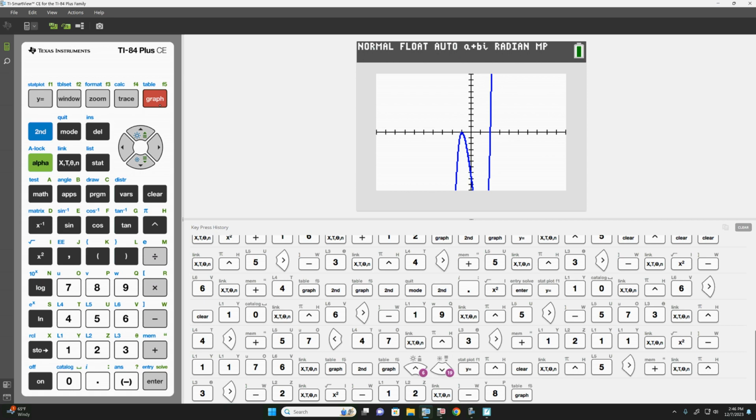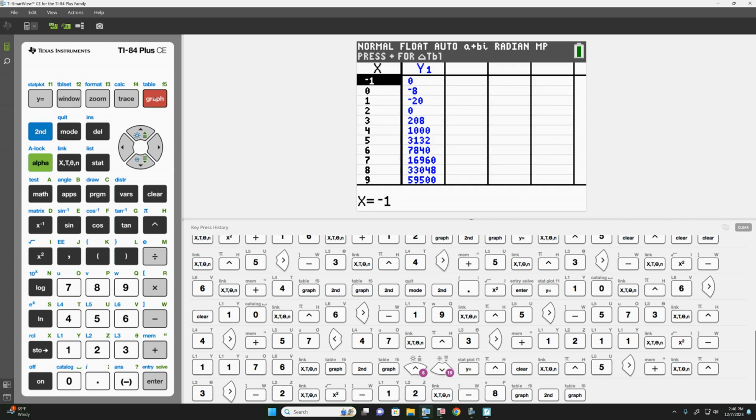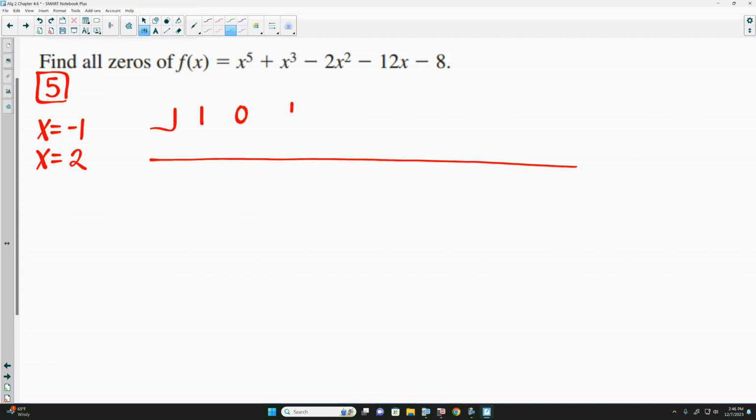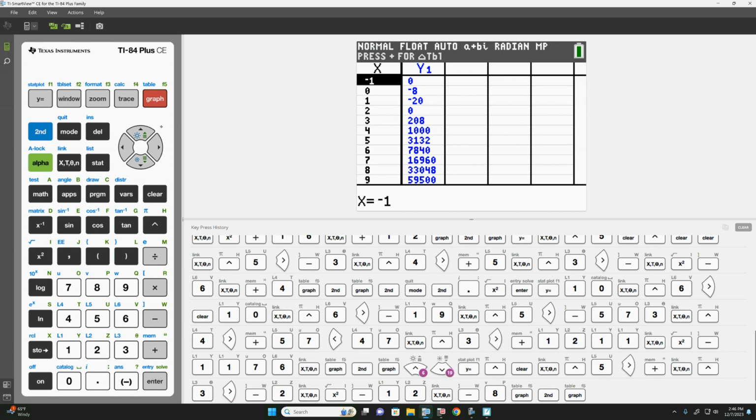We can go second table. And 2 of the solutions we have are 1 and negative 1. So we have those 2 for sure.